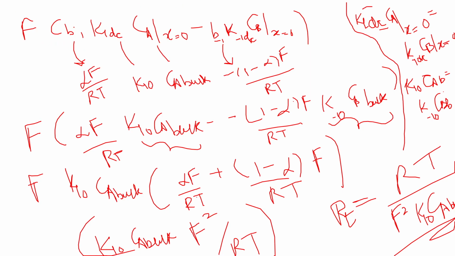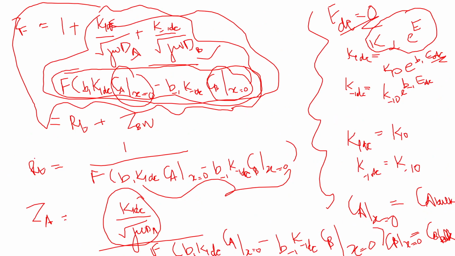You have F into the denominator, the total resistance to charge transfer equation. As I told, either you do this one itself. When I was solving for the difference, I was getting the same answer in both cases. So either you go for this same equation, and you can take CA at x equal to 0 as CA bulk, and CB at x equal to 0 will again be CB bulk.